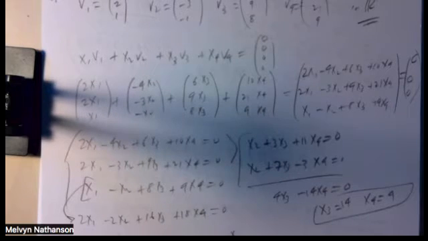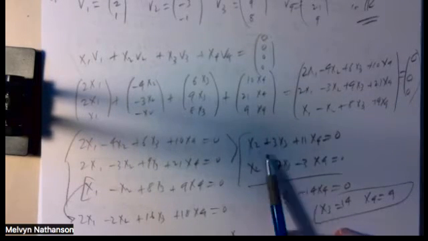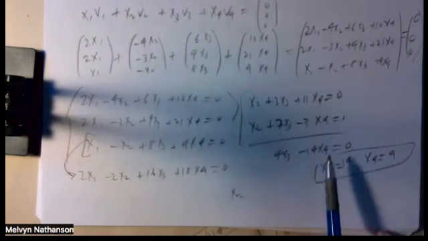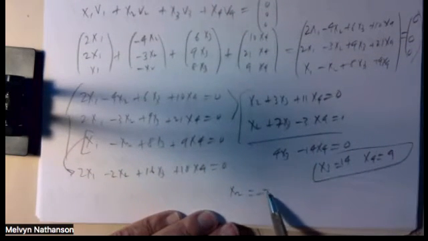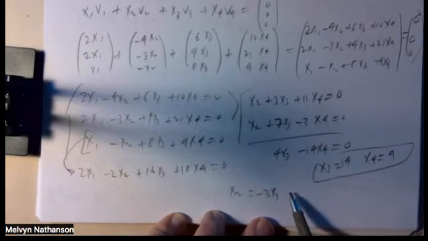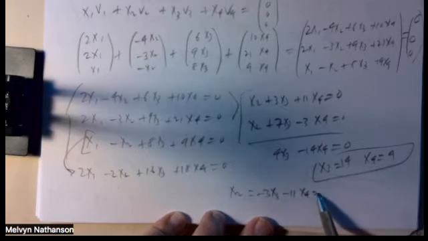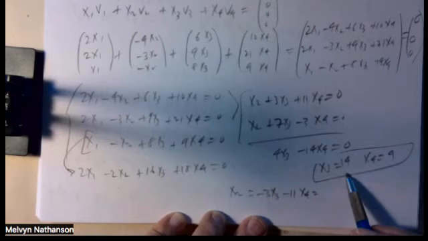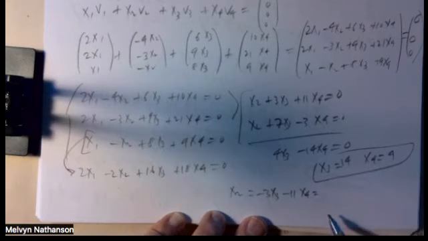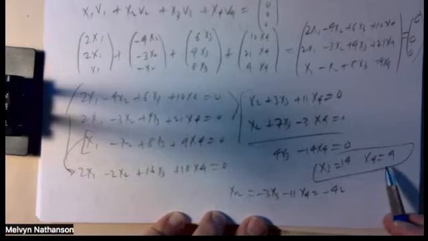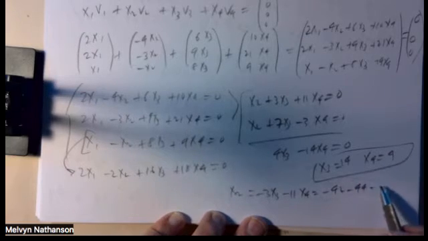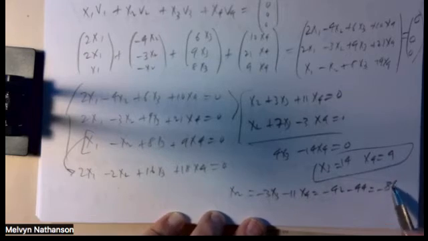And then x2, which is going to equal this equals 0. So x2 is minus 3x3 minus 11x4. This is minus 3 times 14, minus 42, minus 11 times 4, minus 44. That's minus 86.